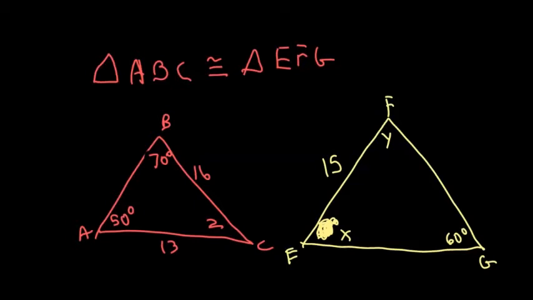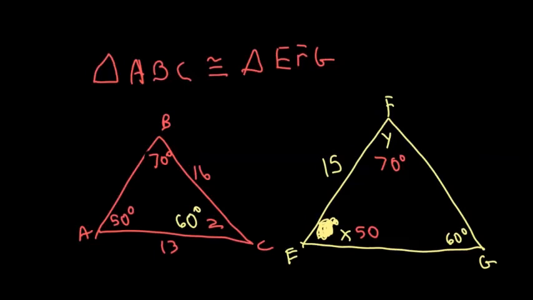So for this, angle F matches to angle B, and angle B is 70 degrees, so that makes angle F, or Y is what I put, 70 degrees. So that makes the X 50 degrees and the Z 60 degrees.